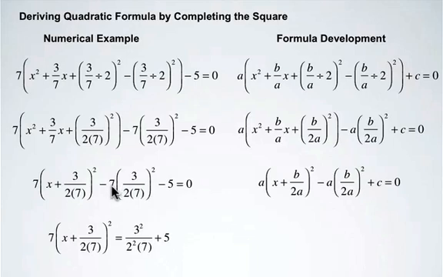Notice that we've lost this 7. That's because this 7 is squared, and so this 7 cancels out one of those squared 7s. So we're just left with 1. Then we still have our plus 5. It went from being negative 5 when we moved it to the other side of the equal sign.